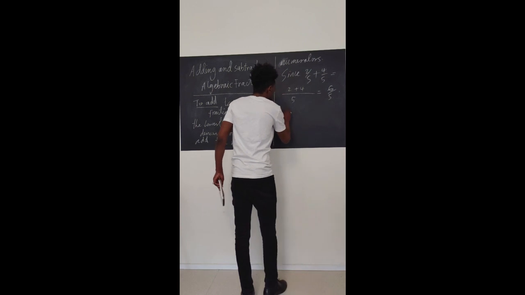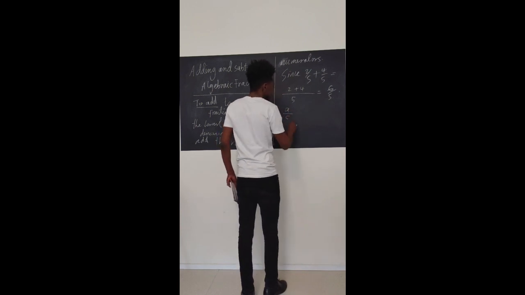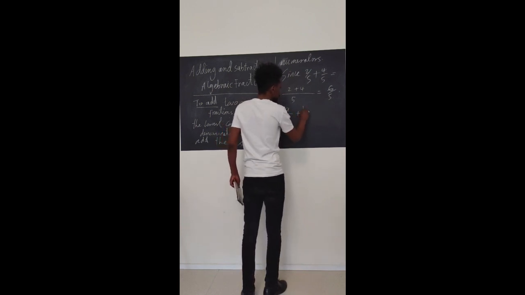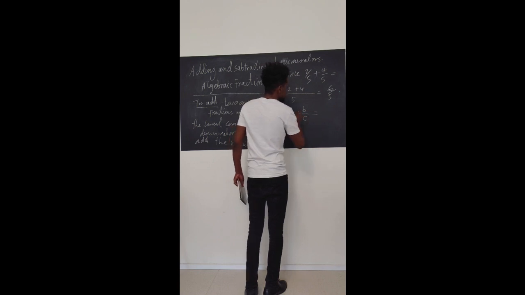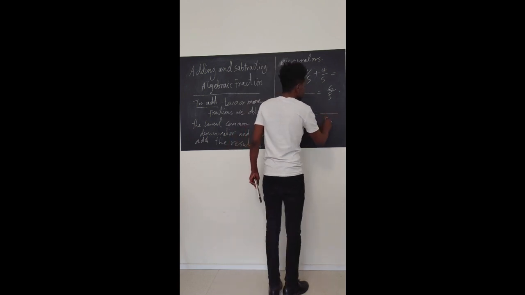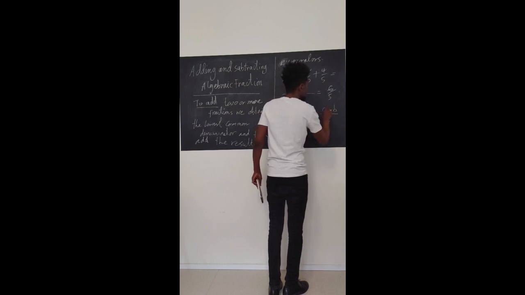The rule is when we have A over C plus B over C, then simply C is the denominator, and then A plus B is the numerator.